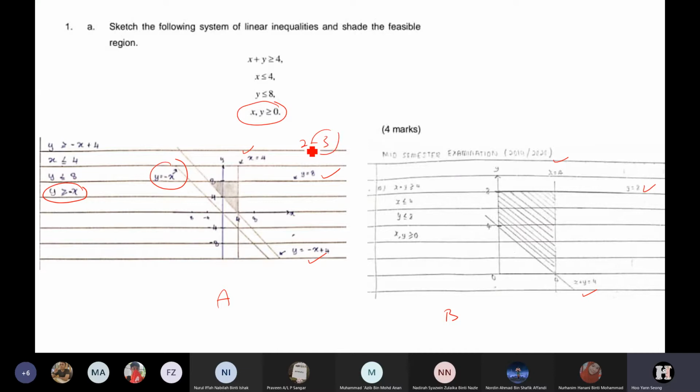It is definitely not only 1 mark because you drew all 3 lines correctly and the region is half correct. So make sure you don't copy or interpret the inequalities wrongly.